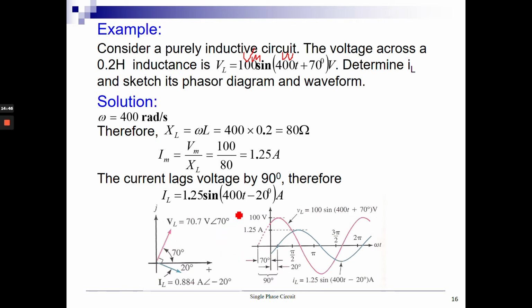So okay, from here we can draw the phasor diagram. So VL is leading IL by 70 degree. So this one, sorry, VL is leading IL by 90 degree. So here is 70 and then you plus 20. So you get 90 degree.